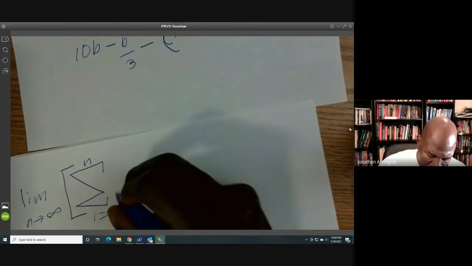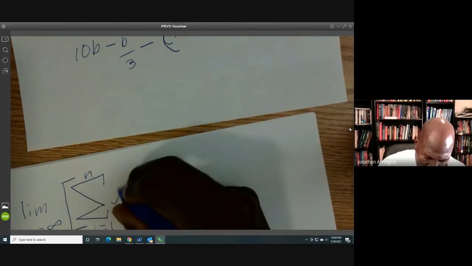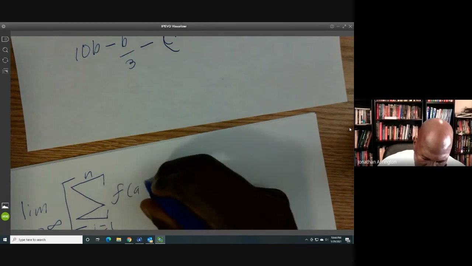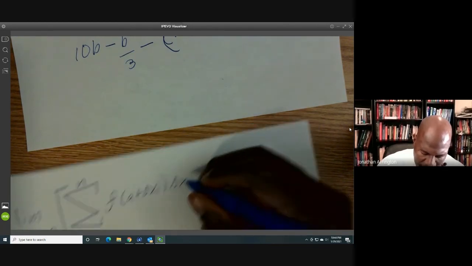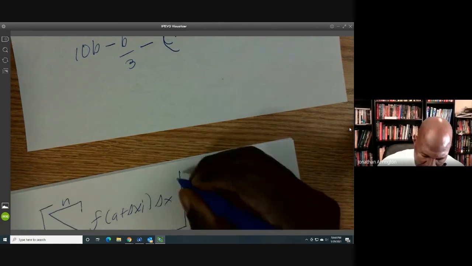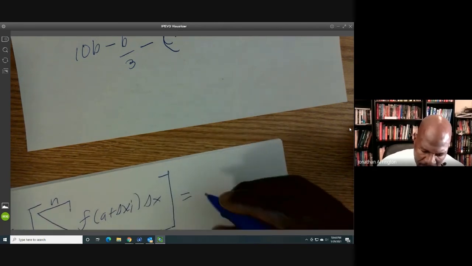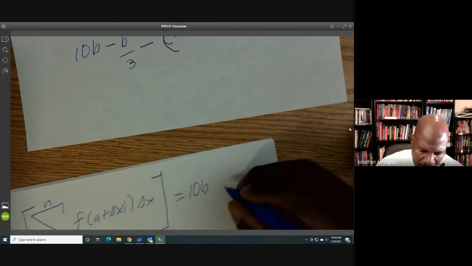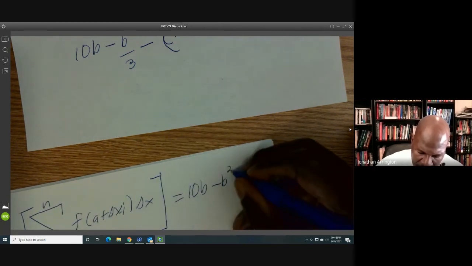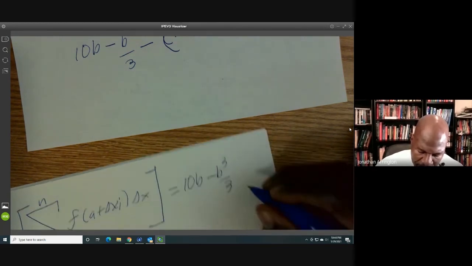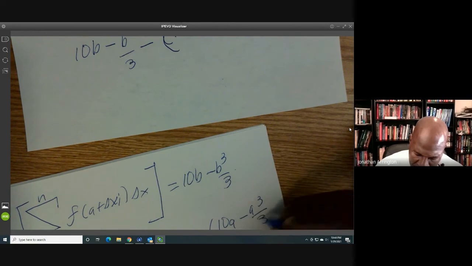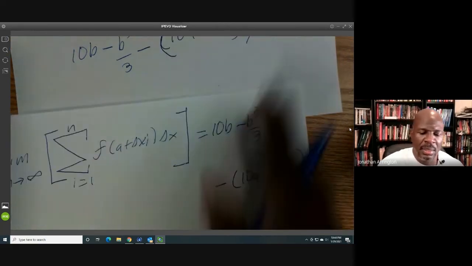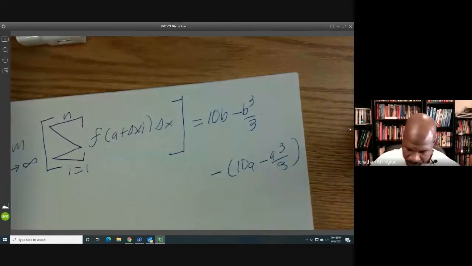The summation is i goes from 1 to n of f of a plus delta x i times delta x. And again, we found that to be 10b minus b cubed over 3 minus 10a minus a cubed over 3. Okay, so that's what we found.